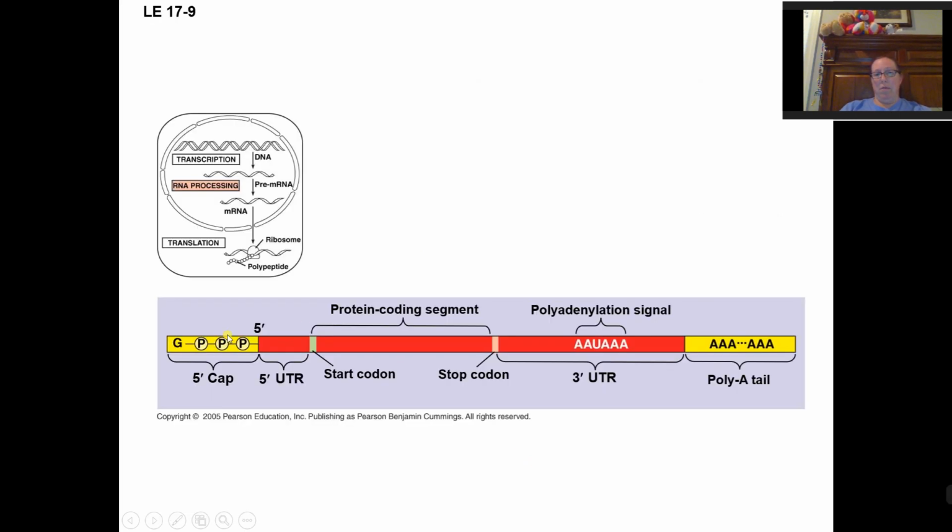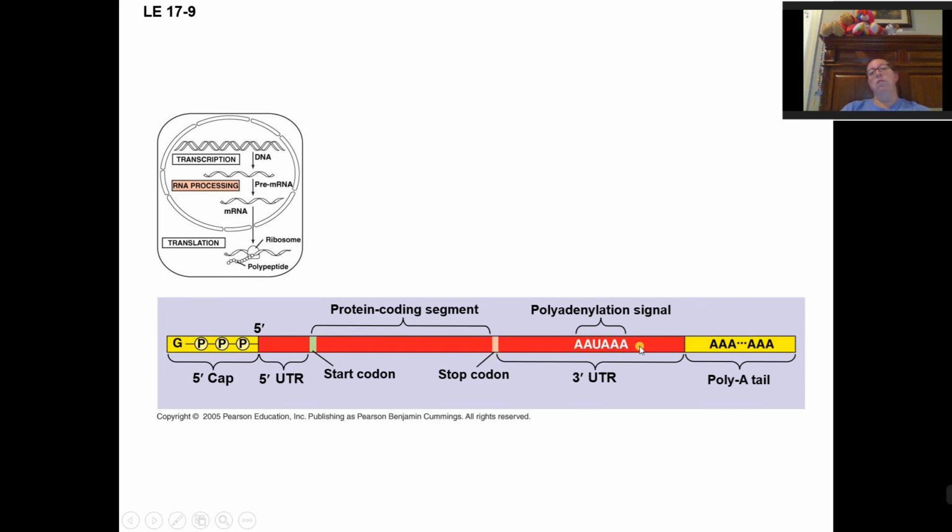And so here's a couple of what it would look like. Here's your cap. It's just some phosphate at the top. You have your untranslated region, that 5' UTR. That just means that there's nothing really going to be translated there. There's no information here. Then you have your start codon. If you remember, that's your AUG. And then you have your stop codon, and that's one of your other three.